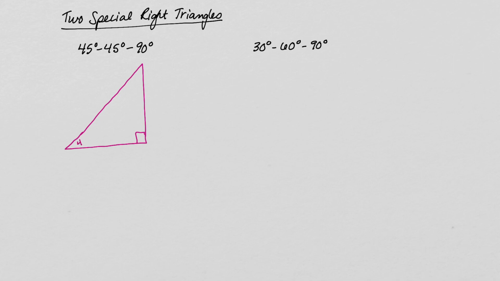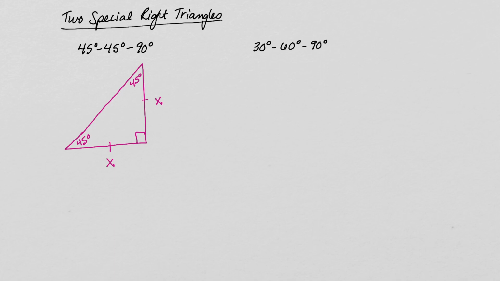So this here is 45 degrees and this here is 45 degrees. And because the two angles are both 45 degrees, that means this side and this side, even if my drawing doesn't exactly look like it, are the exact same measurement. So whatever this side is, let's call it x. This other side is also x.